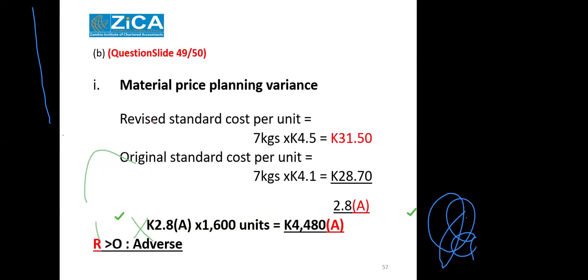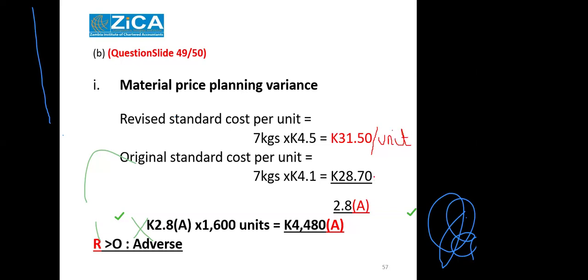So slide 57. Revised standard cost, 7 times 4.5, because the revised price was 4.5. So the revised standard cost per unit, this one is per unit. The 31.5 is per unit.